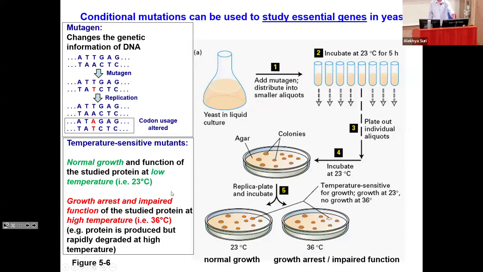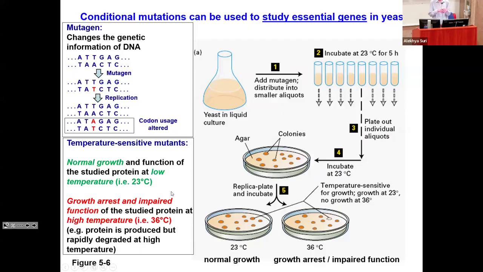So in this case, you use yeast cells, and you would add a low amount of this mutagen, like a chemical that would interfere with the DNA. It would change the DNA sequence. But you would add just a low level of this mutagen.